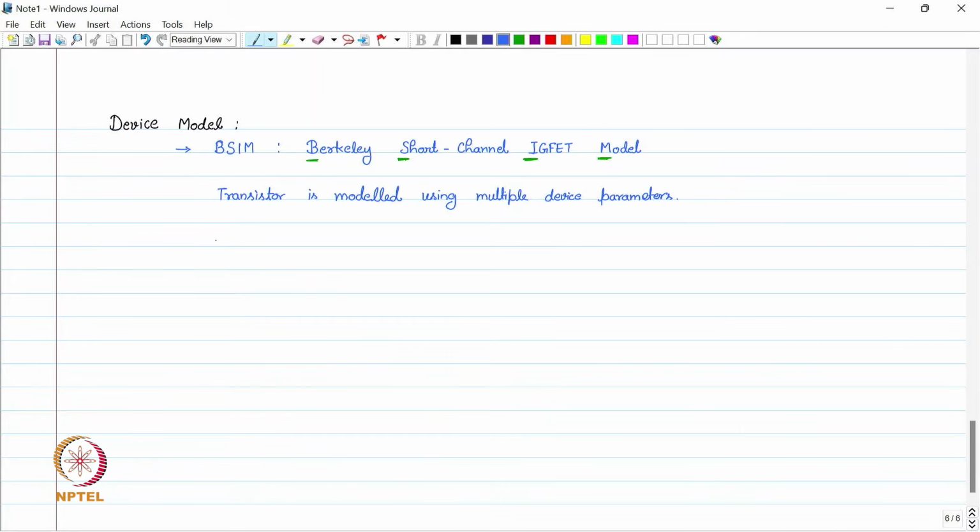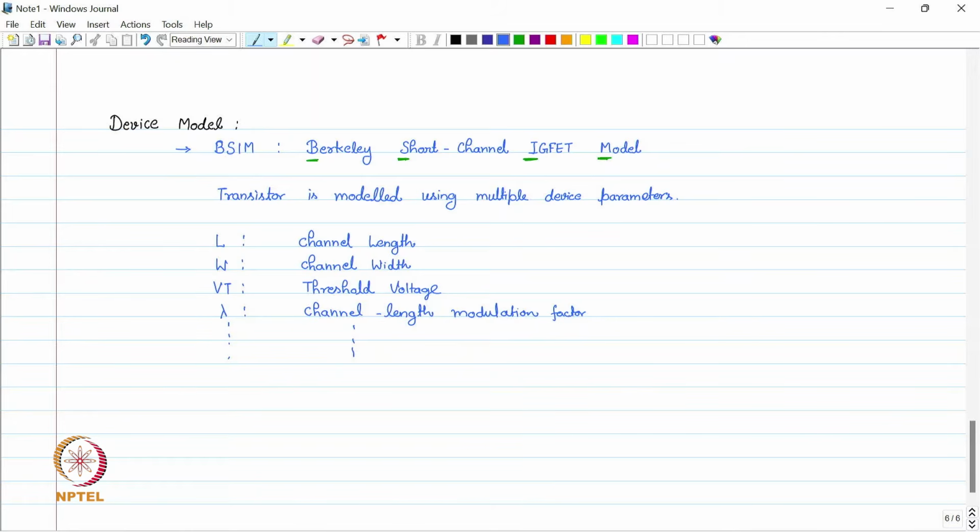Some of these parameters are L, which is the channel length, W, the channel width, VT, which is the threshold voltage, lambda, for example, the channel length modulation factor, and so on.